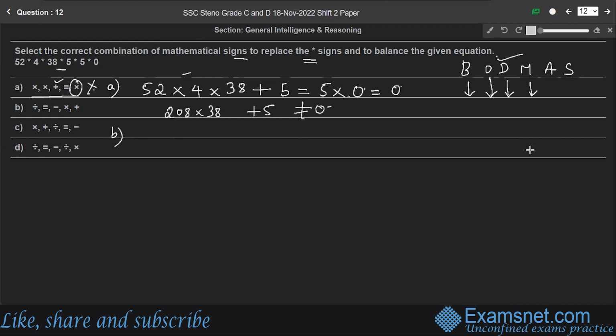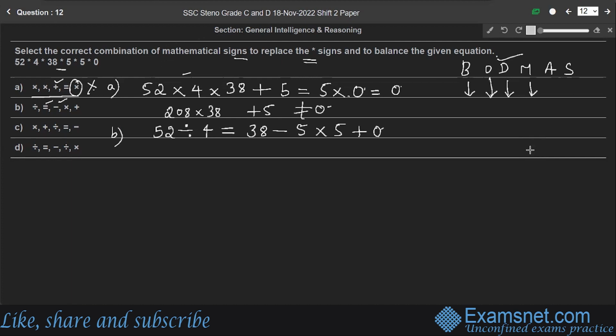Let us consider option B. Replace the asterisk signs with option B. So 52 divided by 4, and the second sign should be replaced with equality sign, equal to 38, next asterisk should be replaced with minus 5 into 5 plus 0. Again, by BODMAS rule, go for division in LHS part.